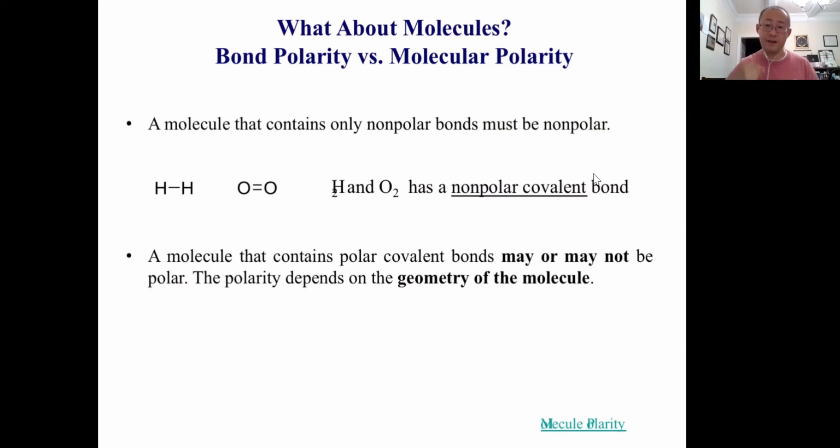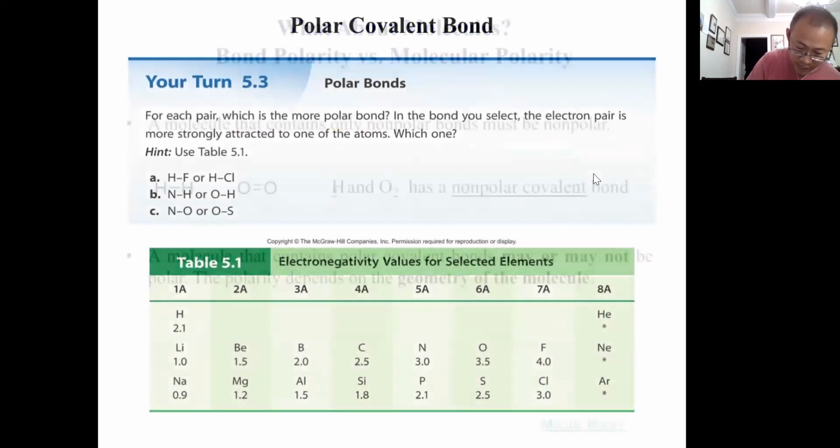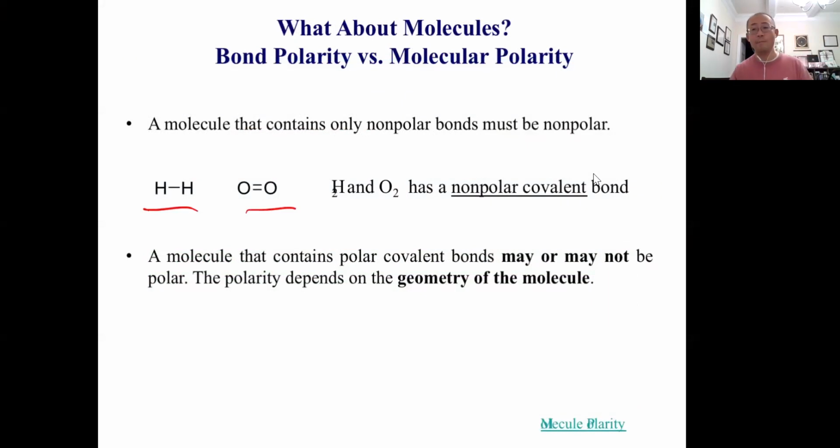These are two scenarios. The first scenario is if a molecule only has one bond. If that's the case, then the bond polarity will determine the molecular polarity. For example, take these two molecules, hydrogen and oxygen. They each have only one bond. If the bond is polar, the molecule is polar.